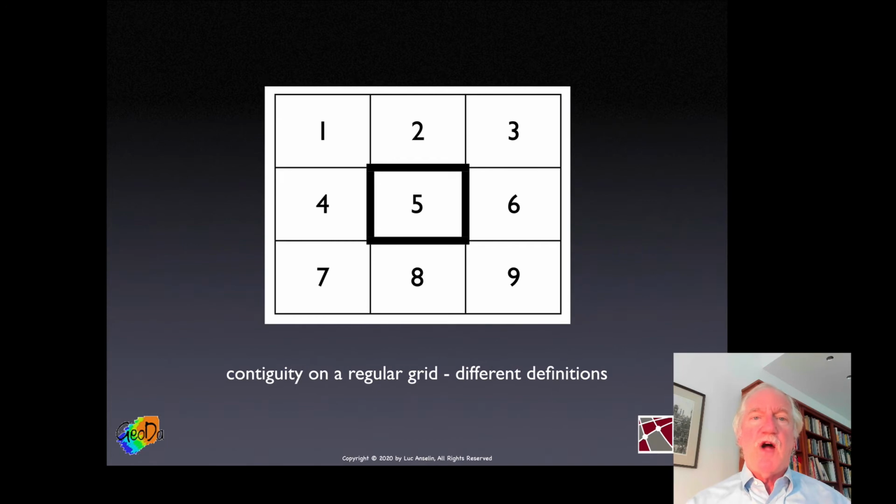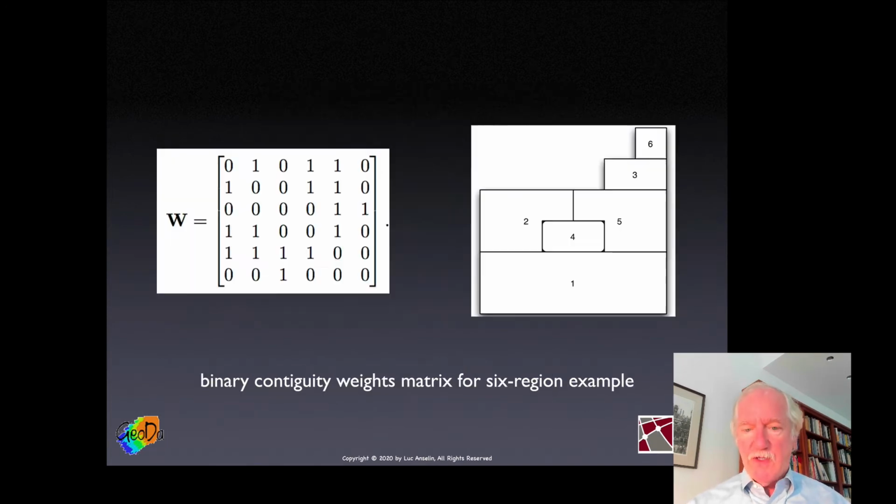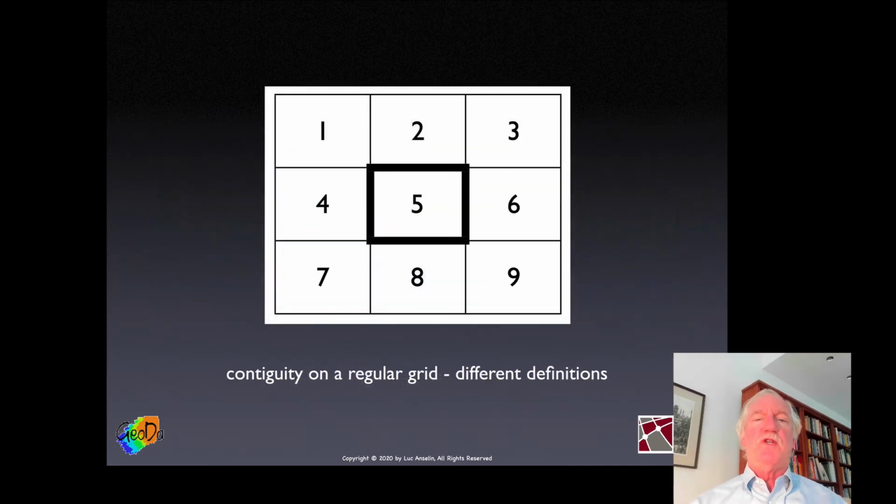Okay, there's some complications with, remember I just kind of said common border, but common border can mean different things. And the easiest way to explain this is to look at a regular grid. And we're interested in defining the neighbors for the central cell, observation number 5.